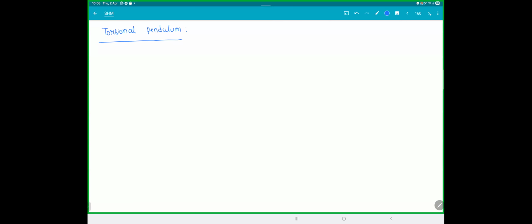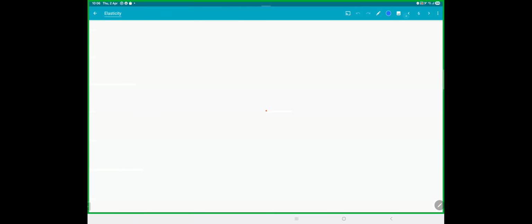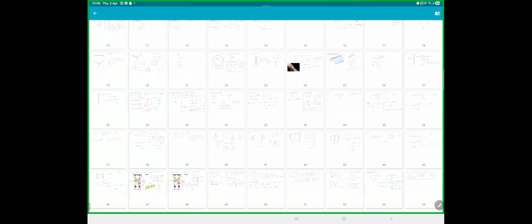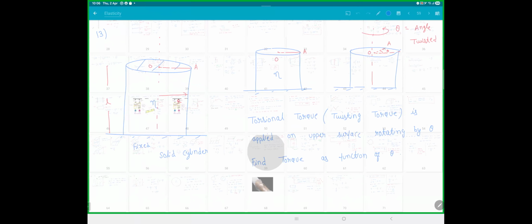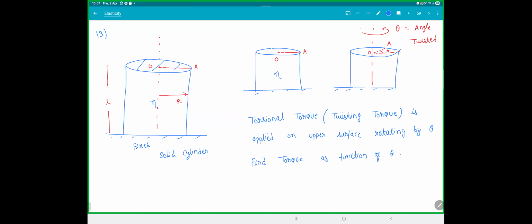Remember in elasticity when we did this one, find the torque required to rotate the cylinder, torsional torque. You guys remember this? How much torque is required to rotate a cylinder?